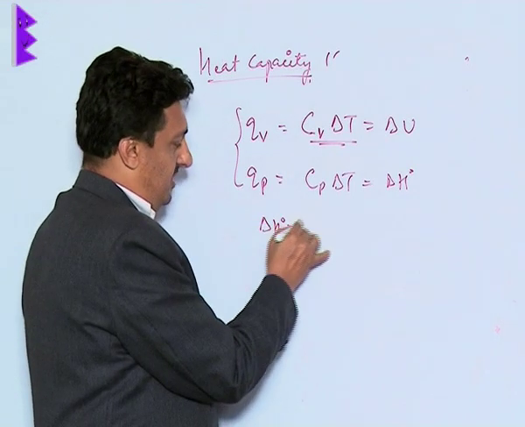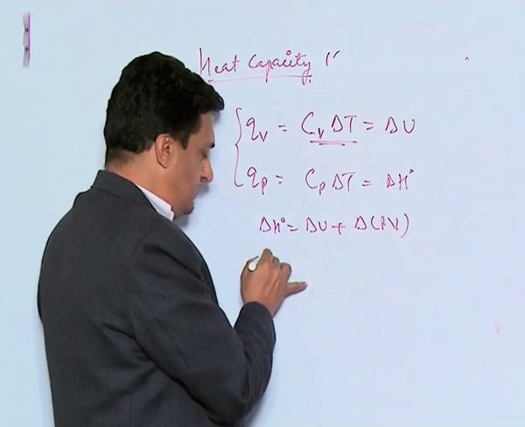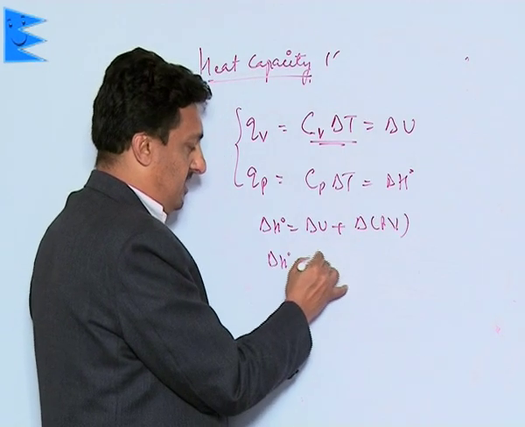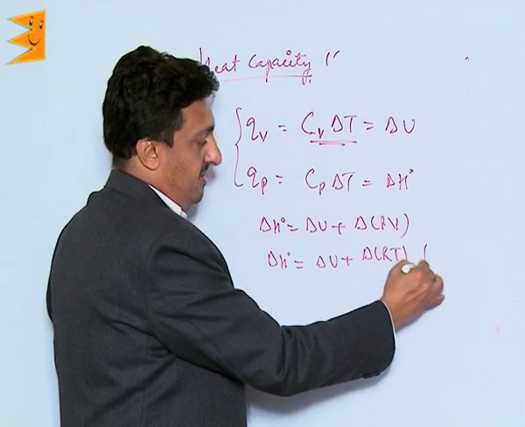From here we know delta H naught is equal to delta U plus delta of PV. For 1 mole of gas, PV is equal to RT, so delta H naught is equal to delta U plus delta RT.